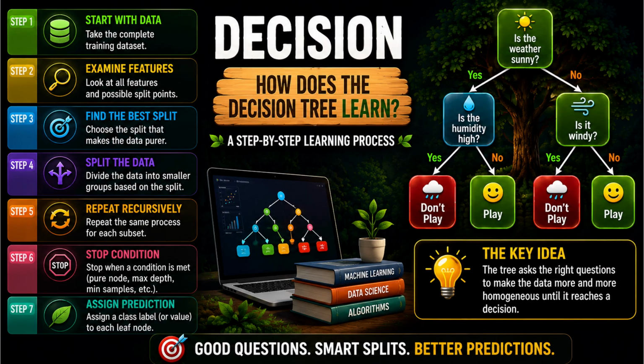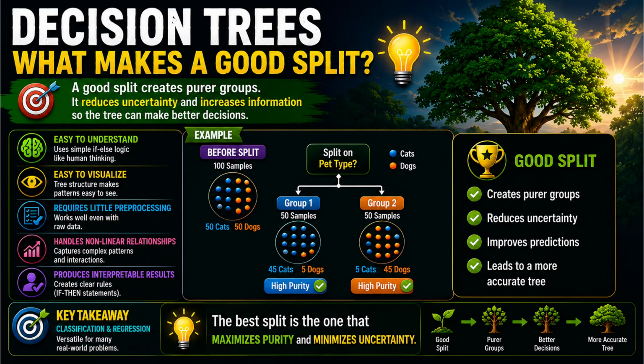You repeat this recursively for each subset, and the stop condition is to stop when either you've got a pure node, or you have reached a maximum depth or minimum samples as specified by you. Assign prediction, assign a class label for each leaf node. So this is how the decision tree learns.